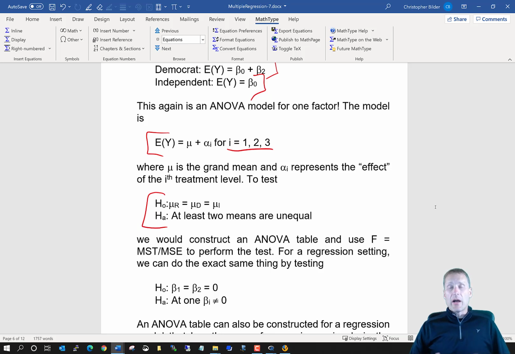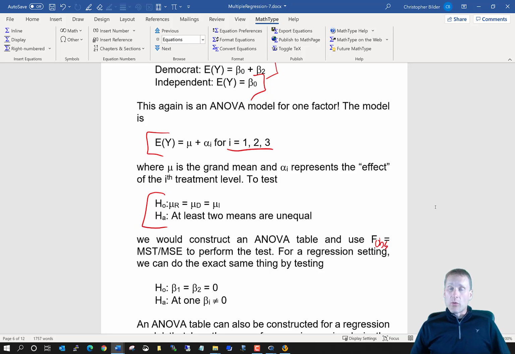The alternative hypothesis is that at least 2 means are unequal. We would construct an ANOVA table, find the F observed test statistic, maybe form a p-value, and so on. We would do a hypothesis test for equality of means.